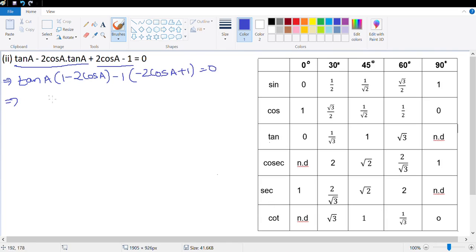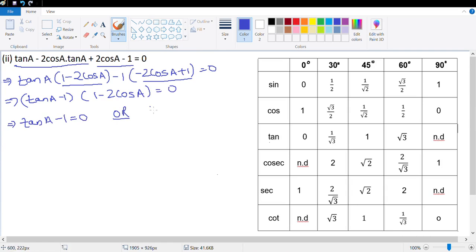So then 1 minus 2 cos A and 1 minus 2 cos A is common. So this becomes tan A minus 1 times 1 minus 2 cos A is equal to 0, which means tan A minus 1 is equal to 0, or 1 minus 2 cos A is equal to 0.